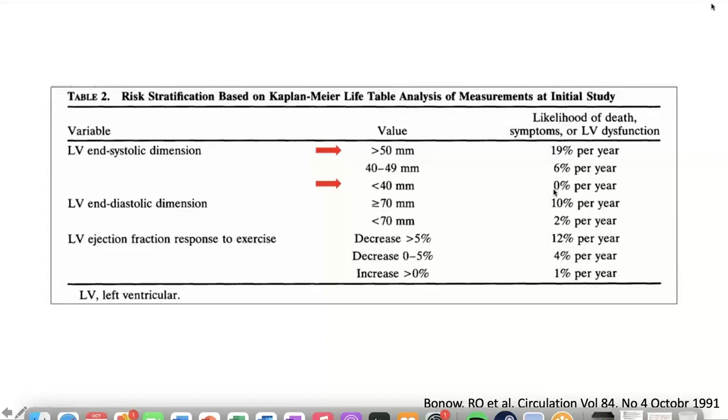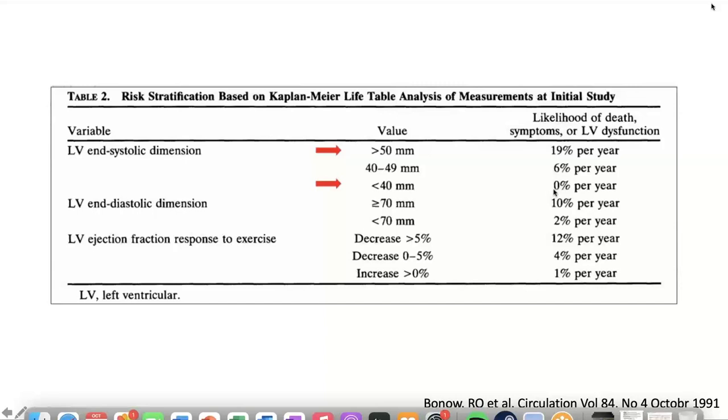but this is a study that was looking at fairly young men, mean age around 35, 36, about the development of symptoms, death, or LV dysfunction, and particularly looking at the variable of end systolic dimension.